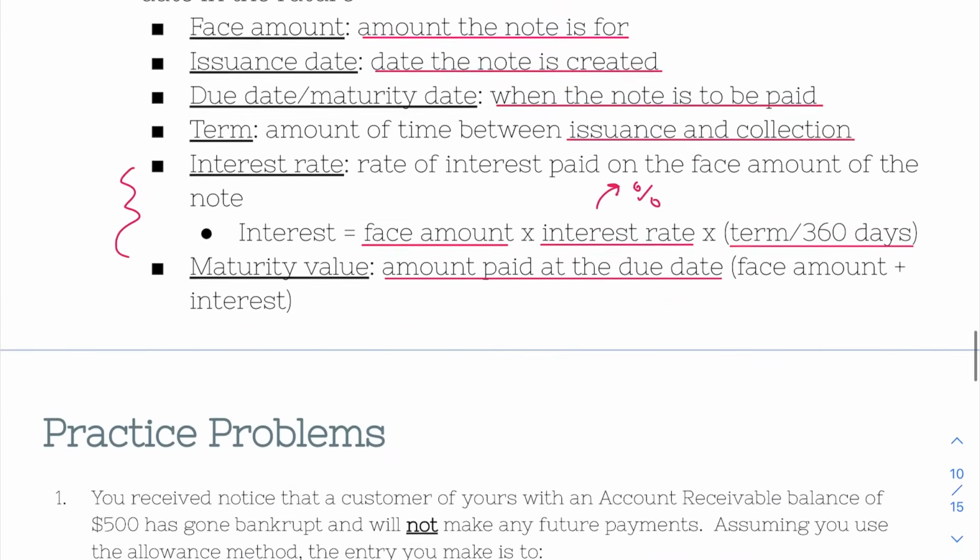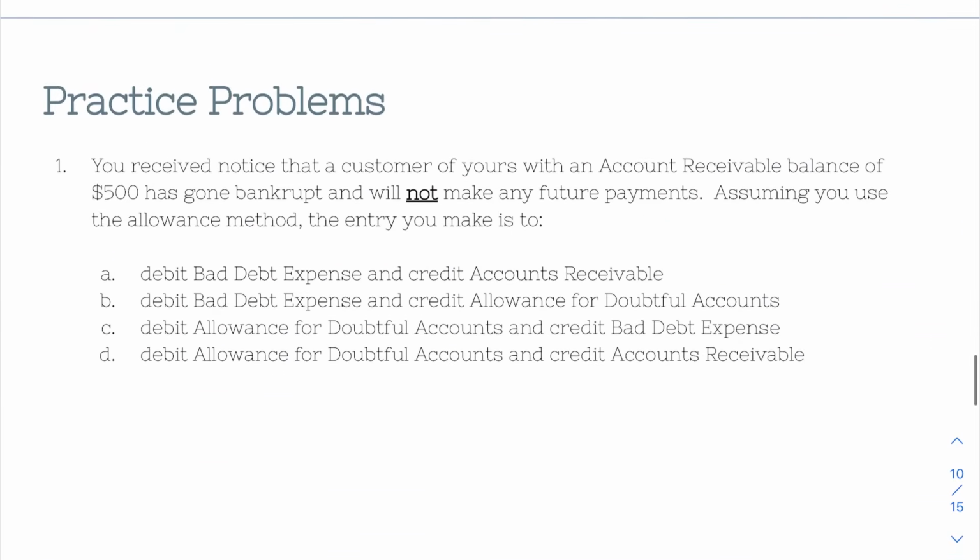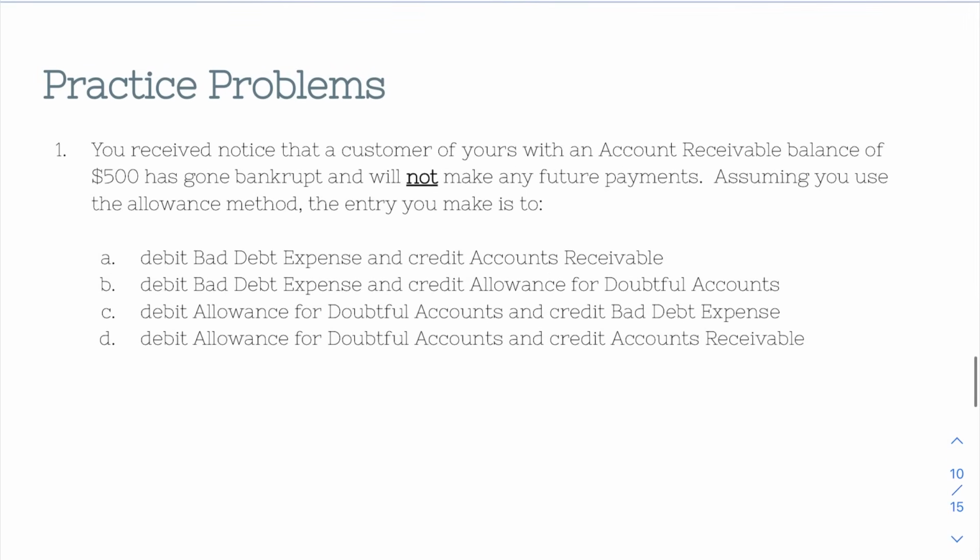Now we're going to do some practice problems, so hopefully this is all a little bit more clear. So it tells us, you received notice that a customer of yours with an accounts receivable balance of $500 has gone bankrupt and will not make any future payments.